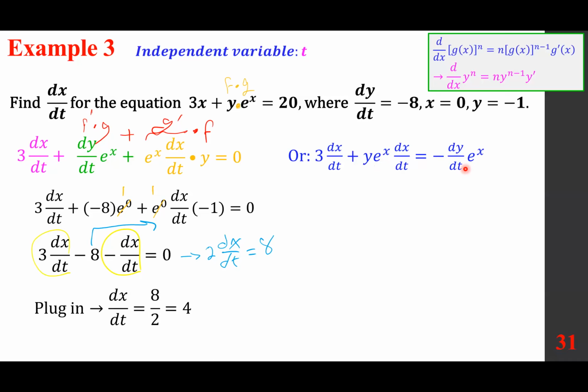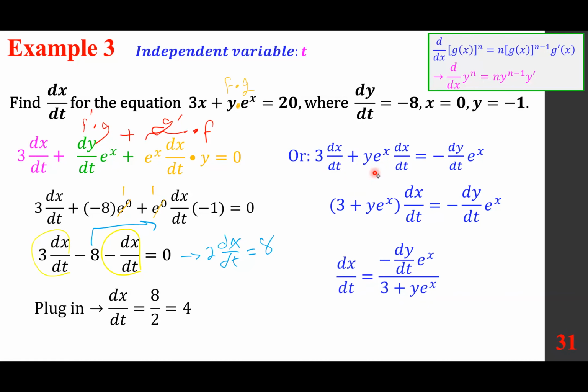So on the left side, you are interested in dx dt. If you factor out the dx dt, you get 3 times y e to the power of x. And practically you're done, just divide by the parentheses. And if you plug in, everybody, you get to the same answer.